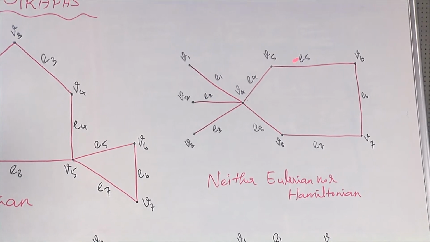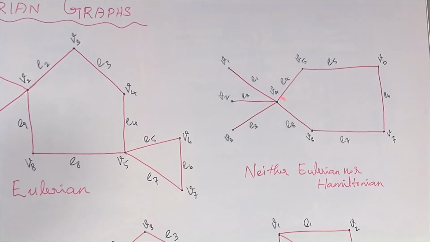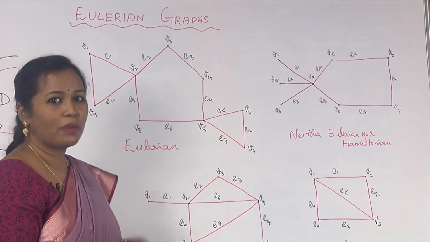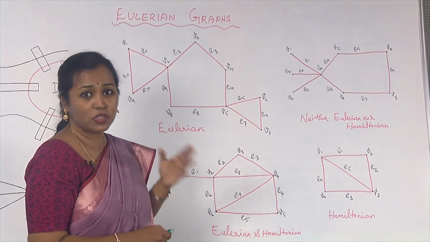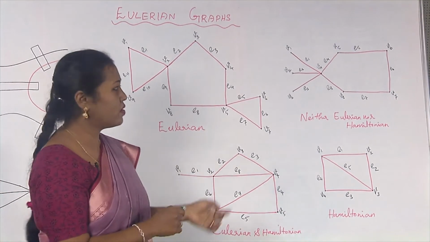In that case E4, E5, E6, E7, E8, again you can either go to E1 or E2 or E3, but not all the three edges. So, some of the edges are left behind, which means that this graph is not Eulerian. You are supposed to travel through all the edges exactly once. So, this is not possible in this graph.